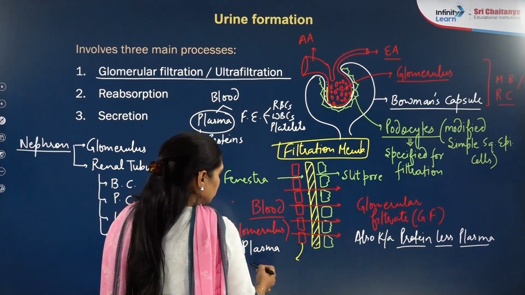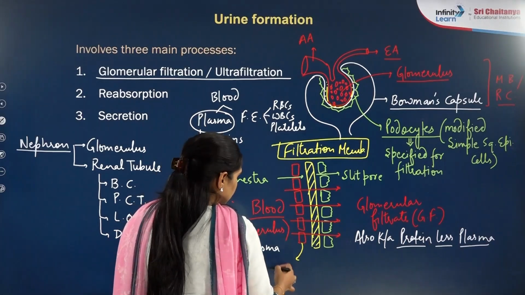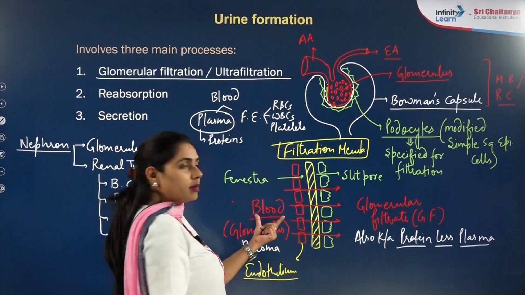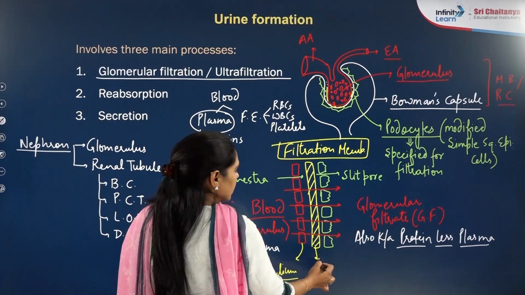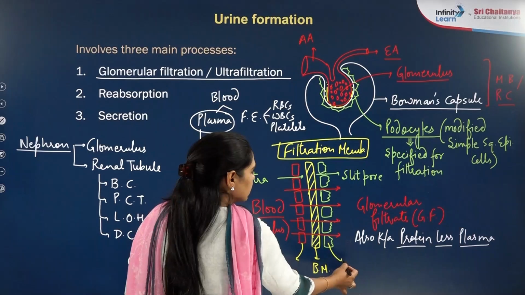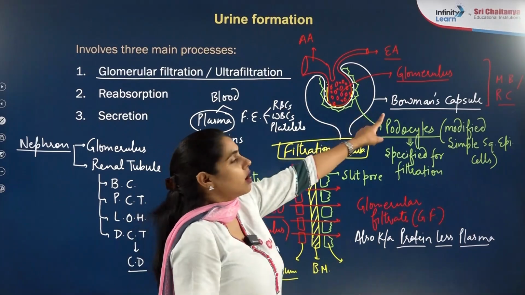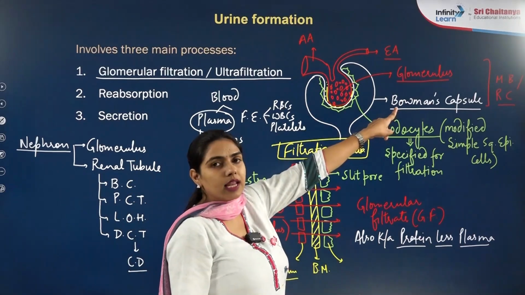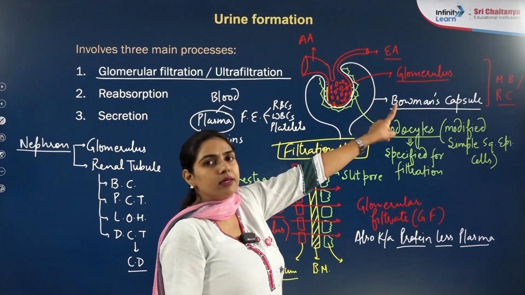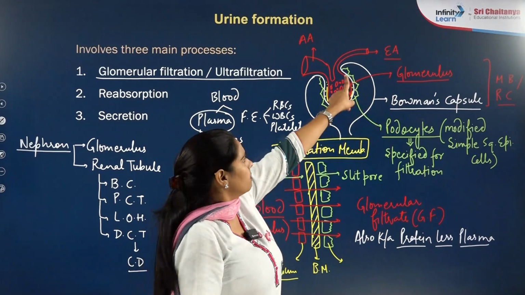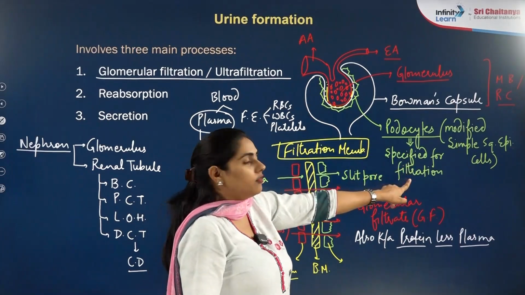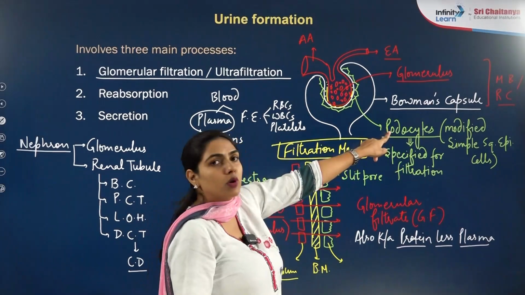This is the endothelium of blood capillaries. This is the basement substance or basement membrane, and this is the simple squamous epithelium of Bowman's capsule. In the last session I told you Bowman's capsule is lined by simple squamous epithelium. Now these simple squamous epithelial cells have got modified for the filtration, so now they are known as podocytes.